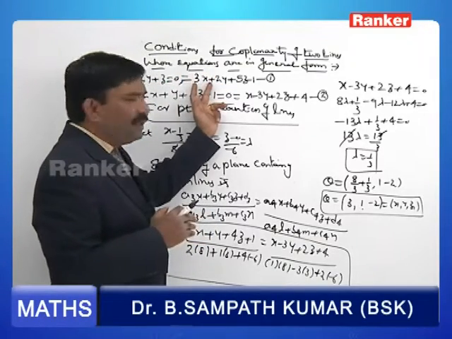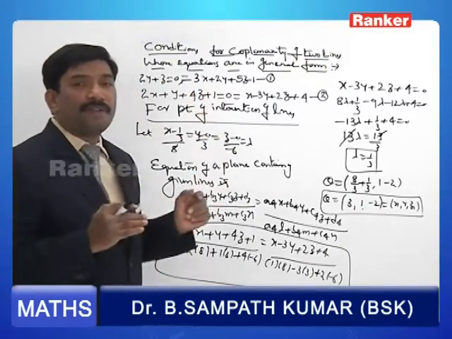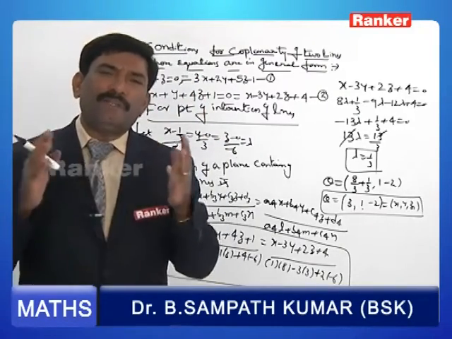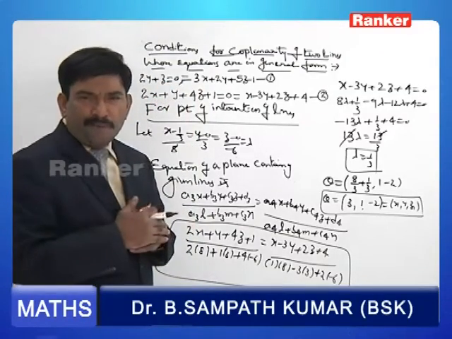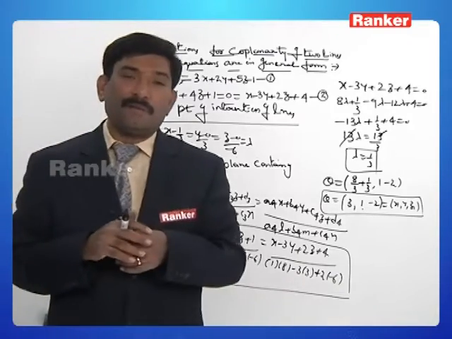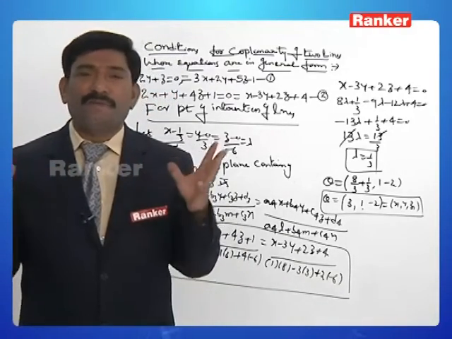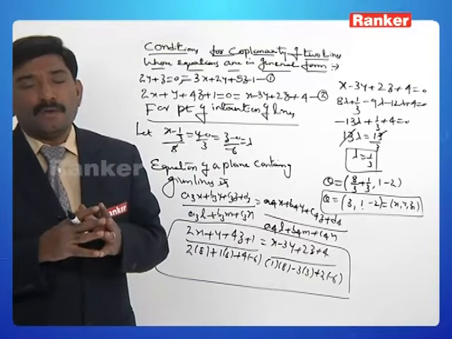Let L be the line of intersection of these two planes. Then that line will also have DCs L, M, N, and it will always be normal to the given planes. Therefore, we wrote the condition for perpendicularity.